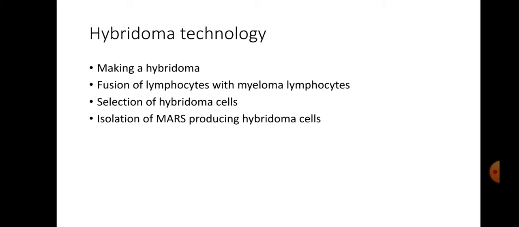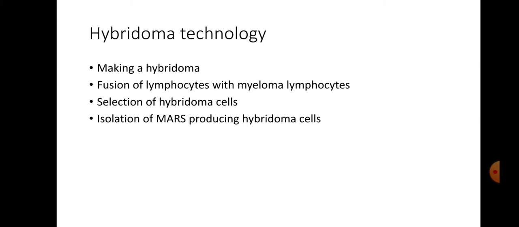The myeloma lymphocytes, before they fuse with the normal lymphocytes, are specifically selected by growing them in the presence of 8-azaguanine. Most of the cells are killed by this technique, but a few survive. The surviving myeloma lymphocytes are resistant to 8-azaguanine and have a defect in the enzyme hypoxanthine phosphoribosyl transferase.